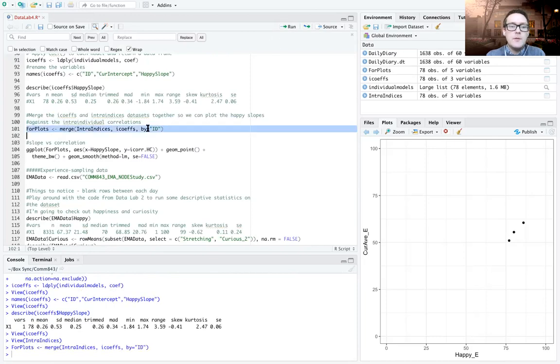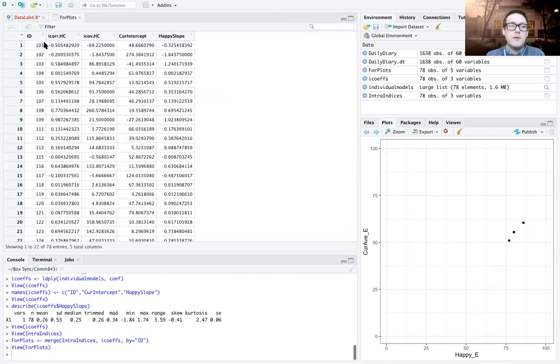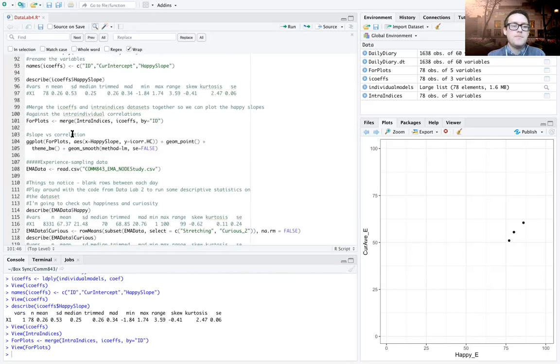When we merge that, you want to specify what variable you are going to use to merge the data. So you have to let R know which rows go with which, and we want to do that by ID. And so now you have one row per ID, with both the intra-individual regression coefficients as well as the intra-individual correlation coefficients for each individual.